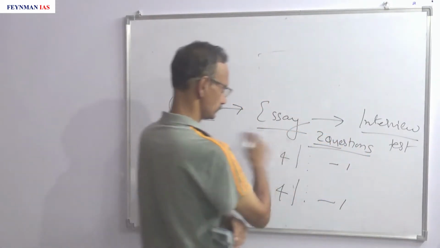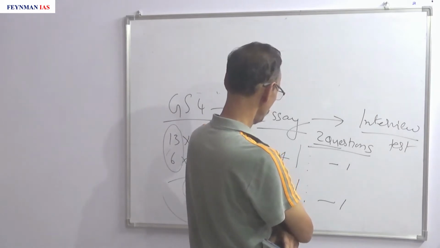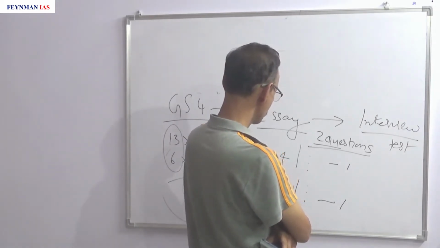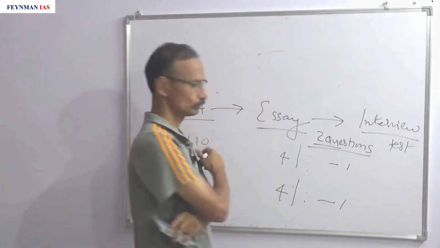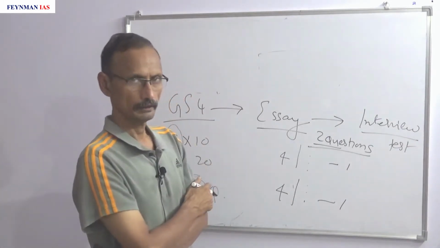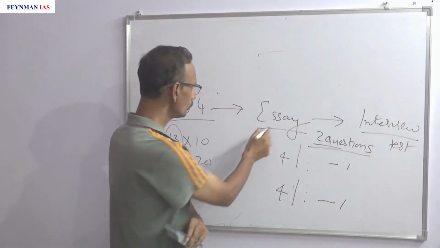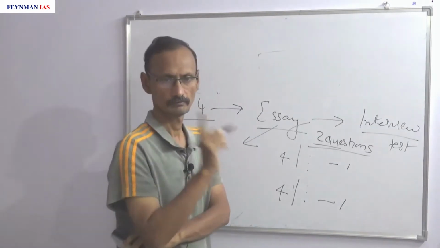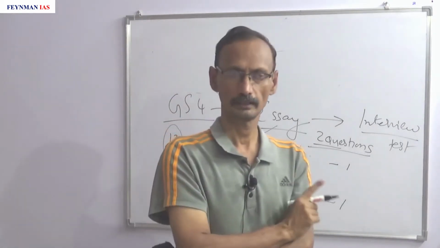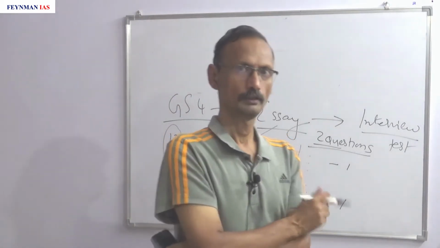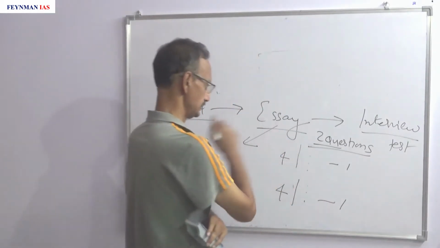So why this? There is one more thing. At one time, there used to be only one essay to be written in a 3-hour exam. But now, there are 2 essays.